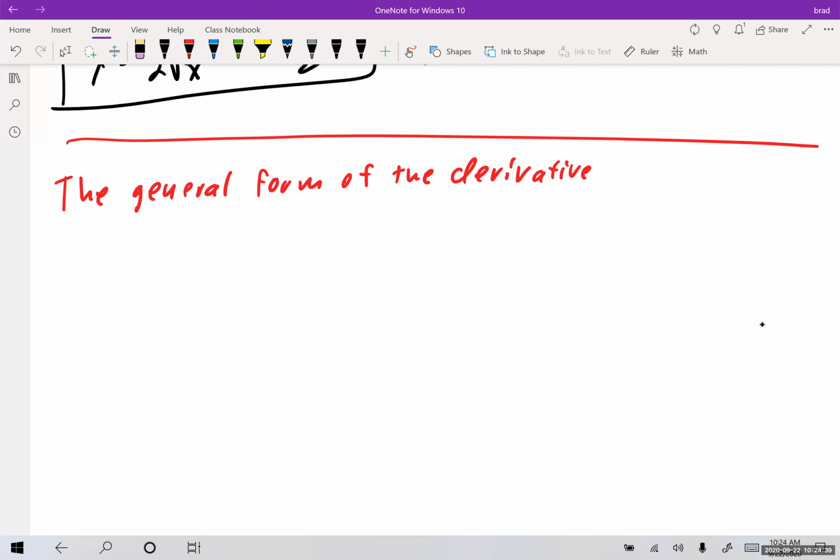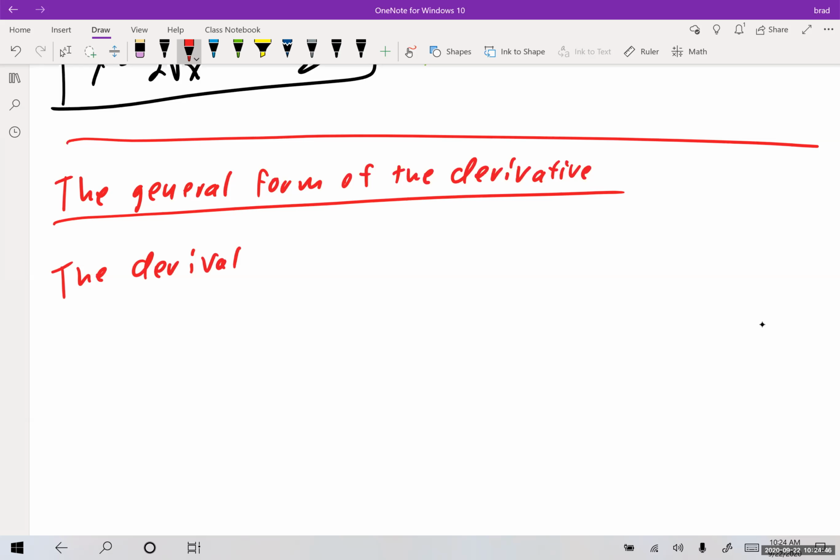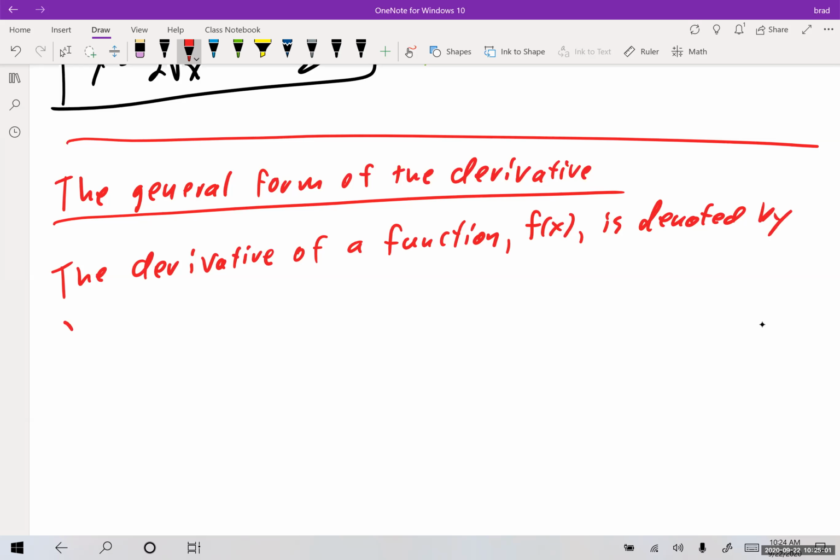Let's just do it this way. The derivative of a function of x is denoted by f prime of x and given by f prime of x.